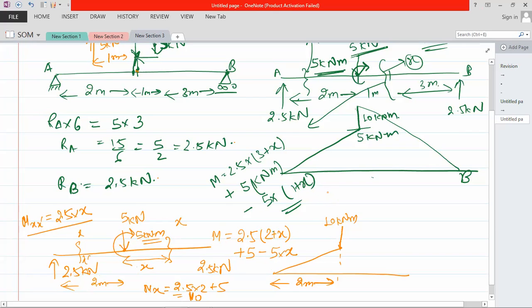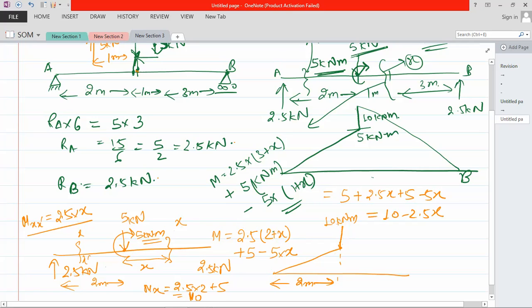If you solve it, it will be 5 plus 2.5x plus 5 minus 5x. So it will be 10 minus 2.5x. Then it will go like this.